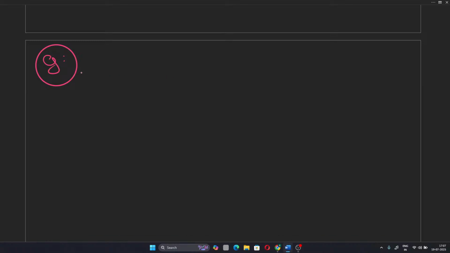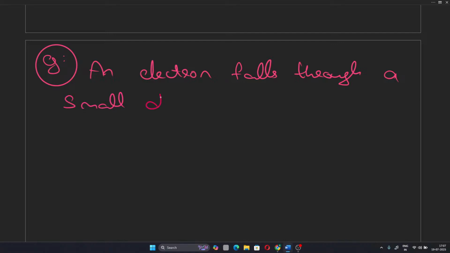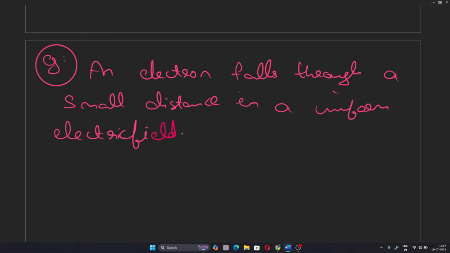Okay. Now next question is, an electron falls through a small distance in a uniform electric field of magnitude 2 into 10 power 4 Newton per Coulomb.